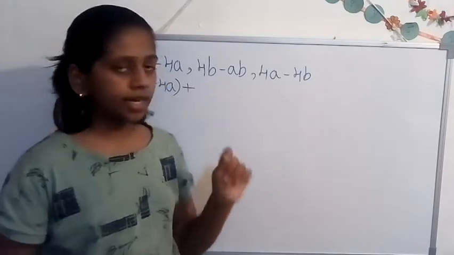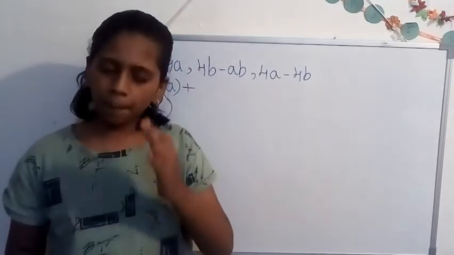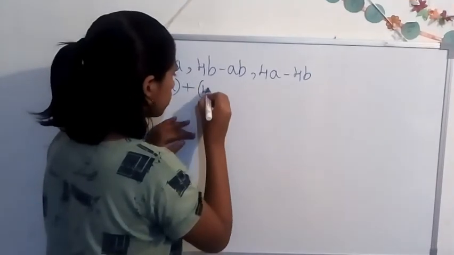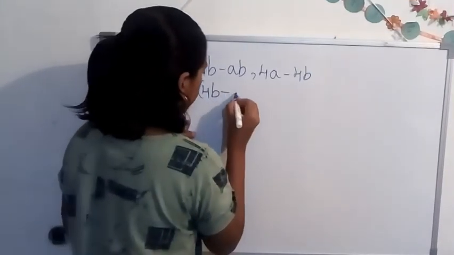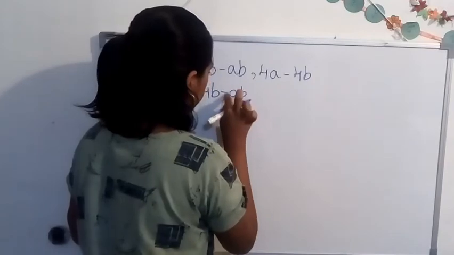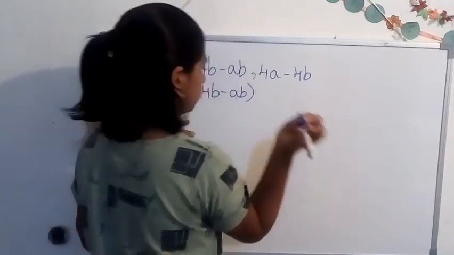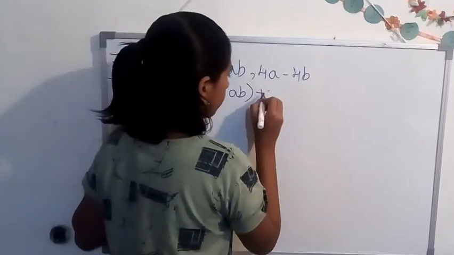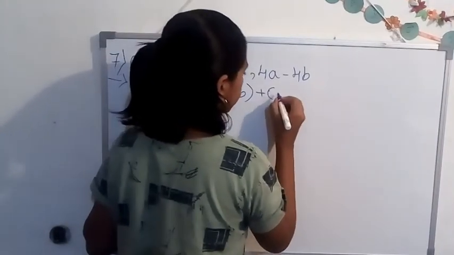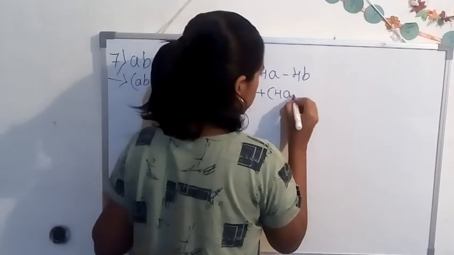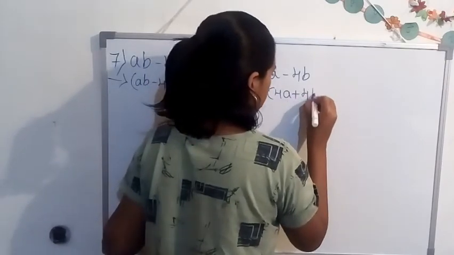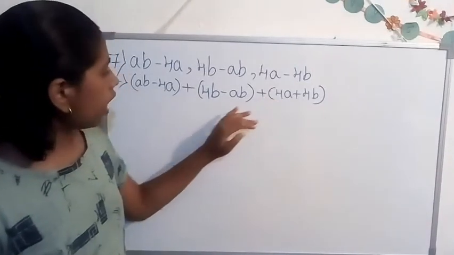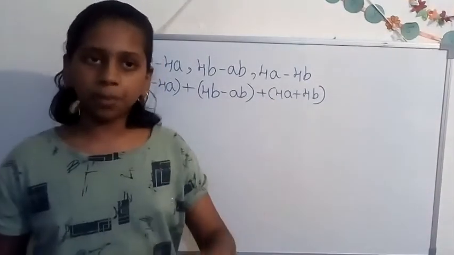While taking brackets, we should put plus compulsorily. So plus, and the second expression (4B minus AB), and plus, and open bracket, and the third expression is (4A minus 4B). So this is how to divide it into parts by brackets.